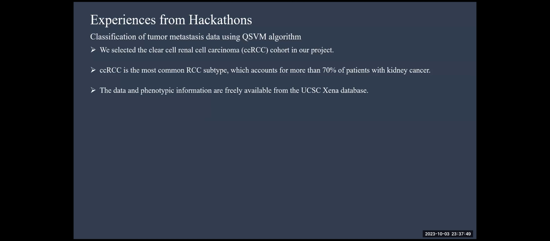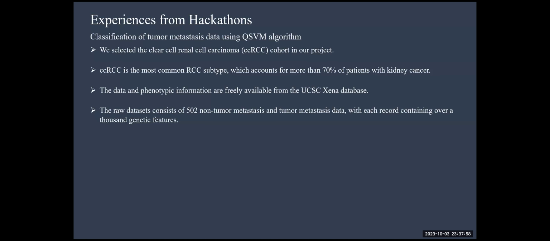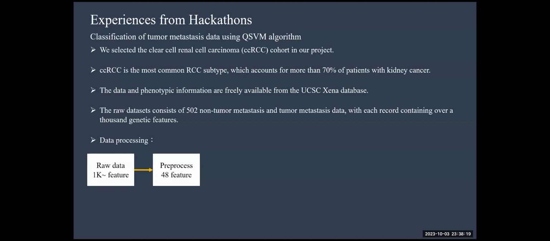The dataset and prototype information are freely available from the UCSC database. The raw dataset consists of non-metastasis and metastasis tumor data, with each record containing over 1,000 genetic features.